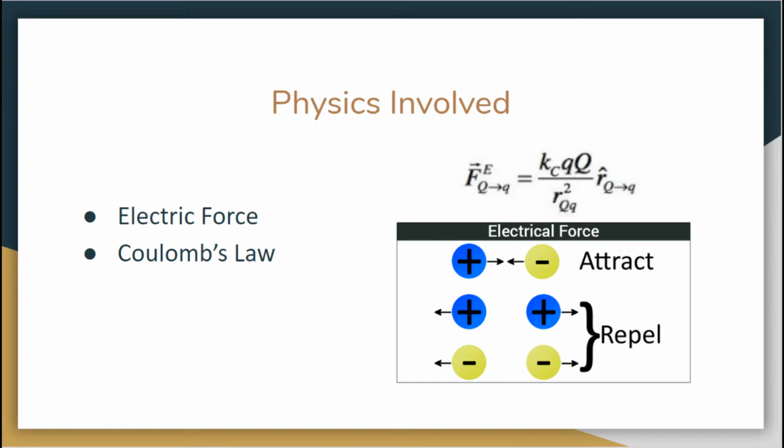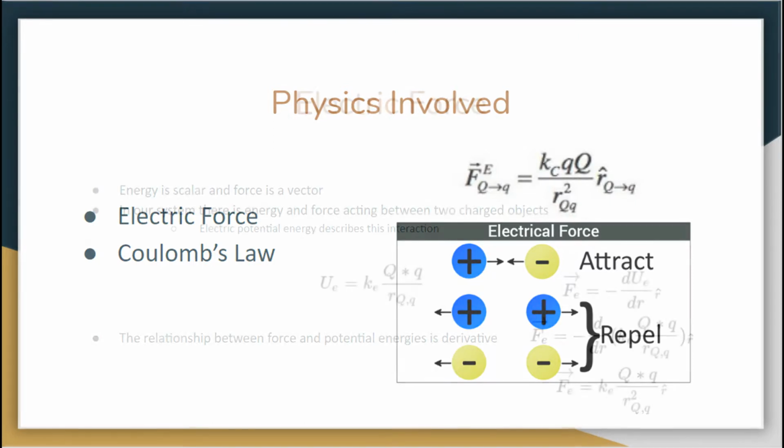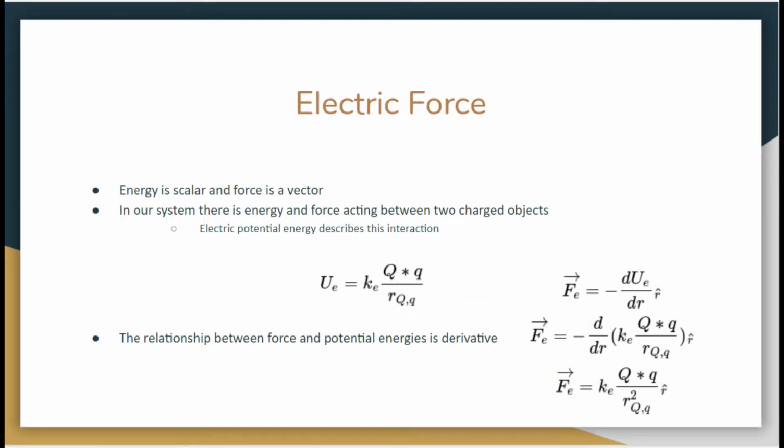Physics involved. Using electric force and Coulomb's law, we were able to solve for our charge. Electric force: energy is a scalar and force is a vector. In our system, there is energy and force acting between the two charged objects.